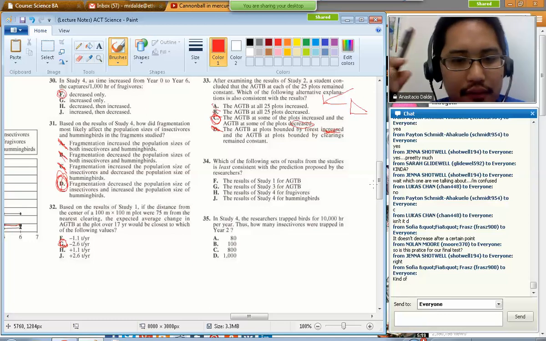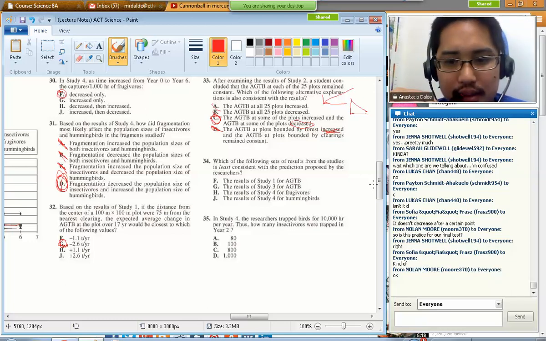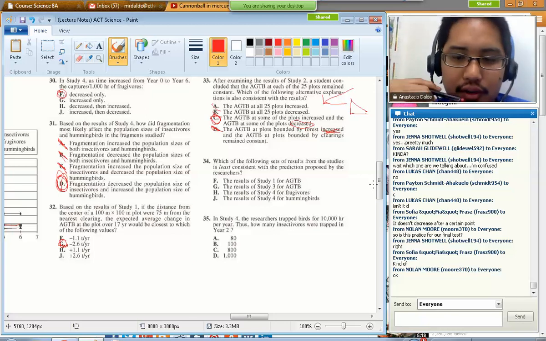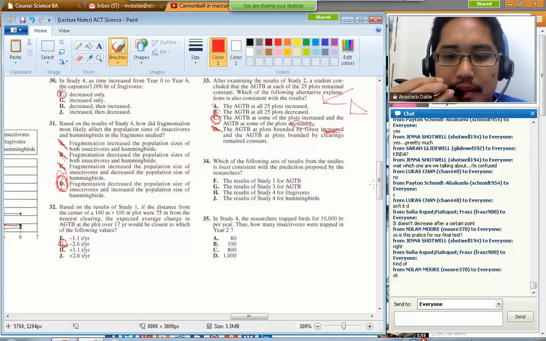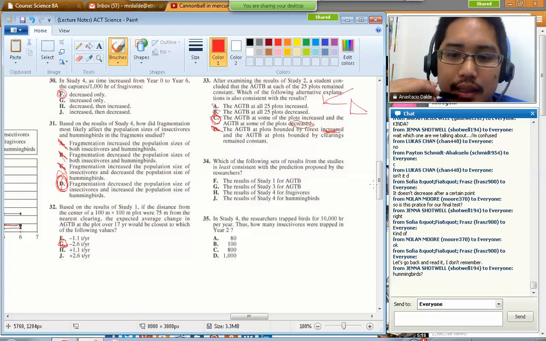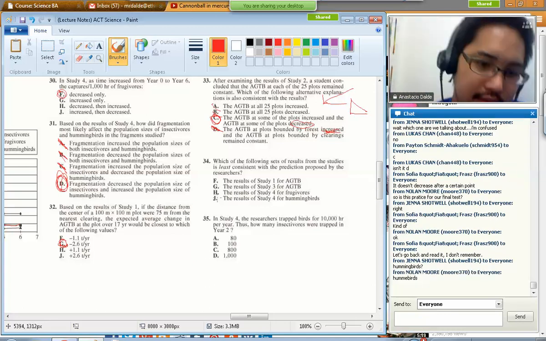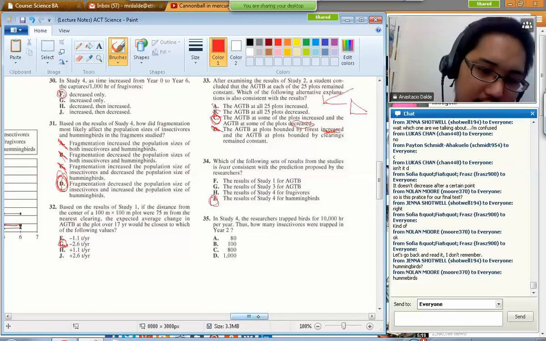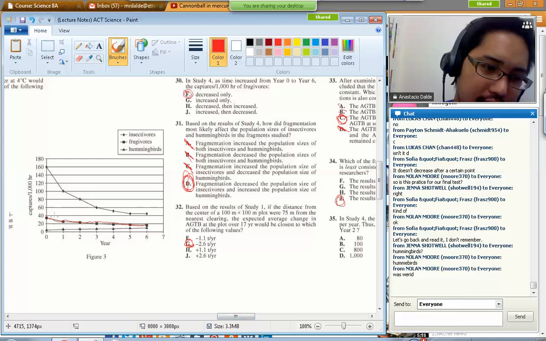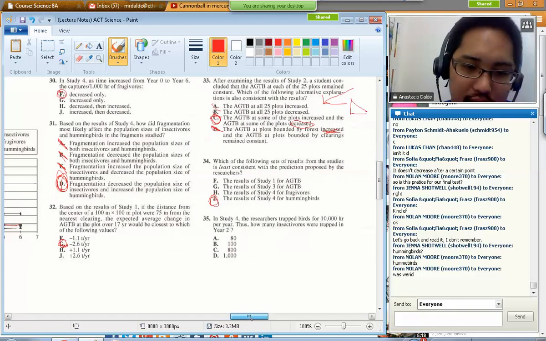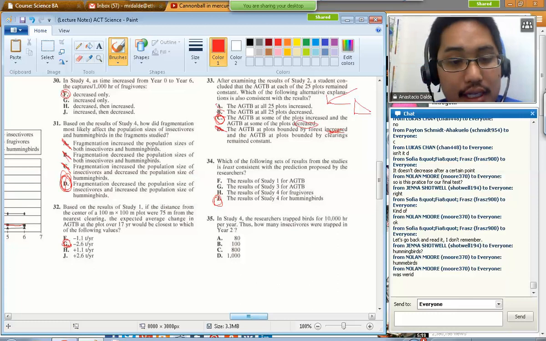Was there something funky in this thing? And yes, Nolan, this is practice for your final test. Your final test is next week. The hummingbirds. Exactly. Because notice how, as you killed the forest, the hummingbird population actually went up. I didn't ask you to explain that, just said that's what it is.